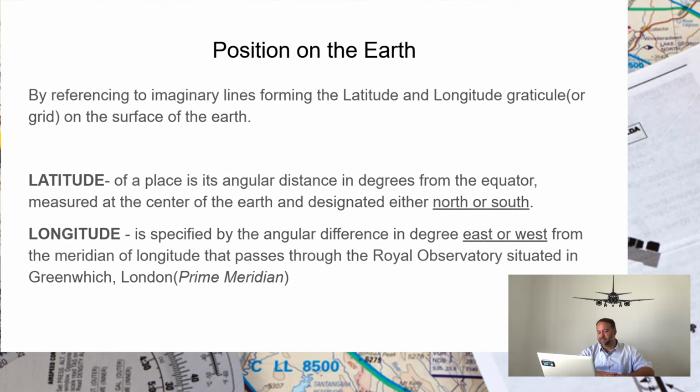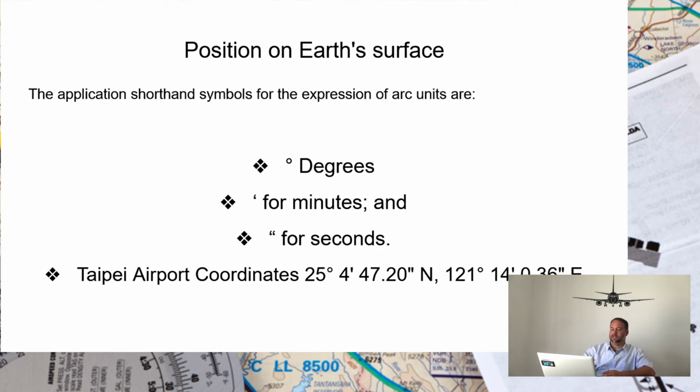Longitude is specified by the angular difference in degrees east and west from the meridian of longitude that passes through the Royal Observatory situated in Greenwich, London, called the prime meridian. That's very basic, but well, gotta talk about even the basics. Position on Earth's surface.